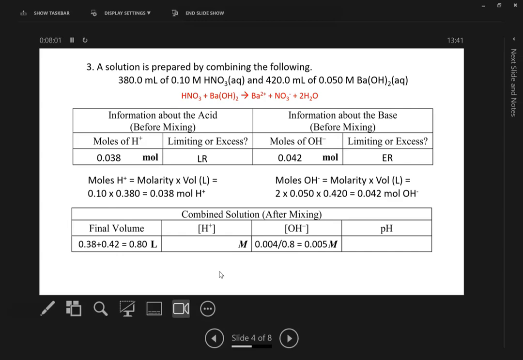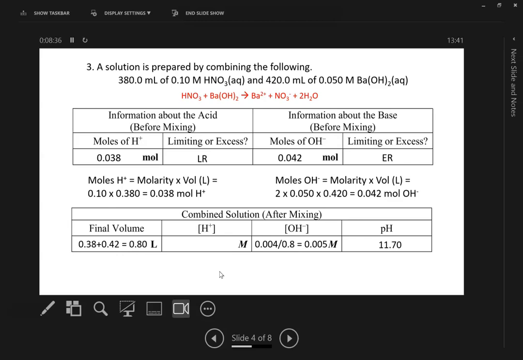That's going to be the difference between the number of moles of OH minus and H plus, which would be 0.004, divided by 0.8 gives me 0.005. And now my pH is actually derived from the pOH because I've computed an OH minus concentration of 0.005 molar. I take the negative logarithm of 0.005 and I subtract that number from 14, I get 11.7.